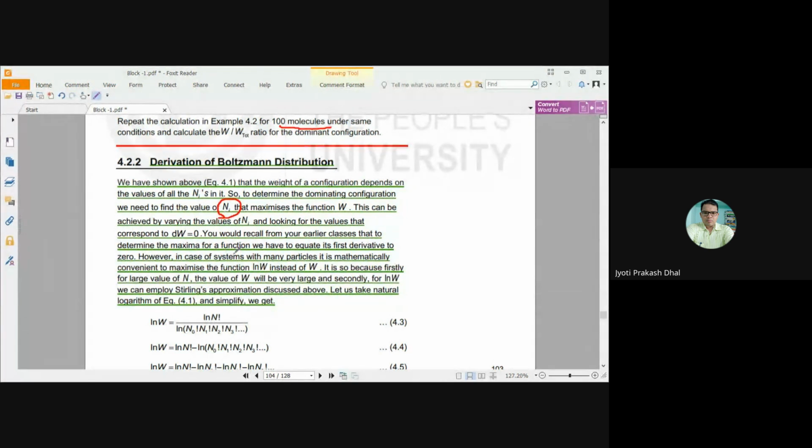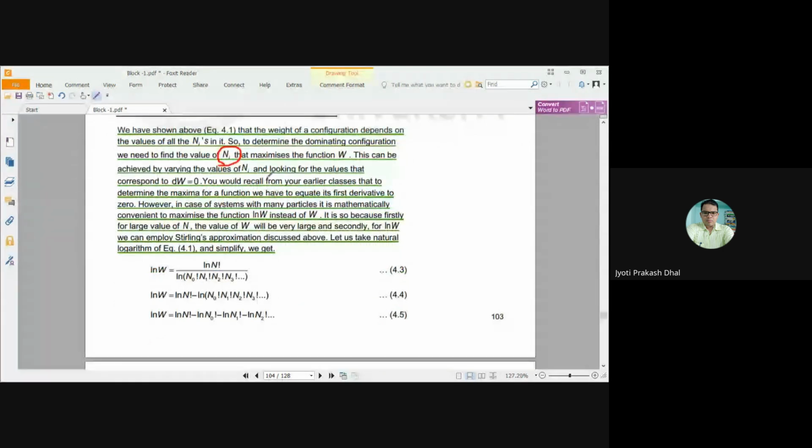This can be achieved by varying the values of ni and looking for the values corresponding to dW equals to 0. You will recall from your earlier classes that to determine the maxima of a function, we have to equate its first derivative to 0.